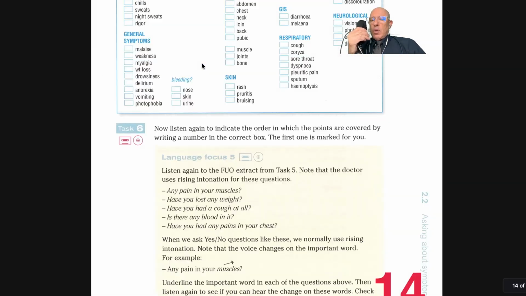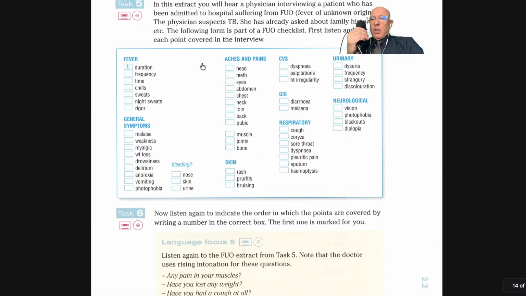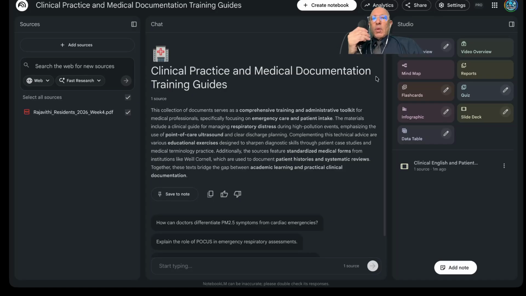So let's get rolling. And to start off, we'll take a look at this. Let me modify the screen here. Okay, we'll take a look at Notebook LM.